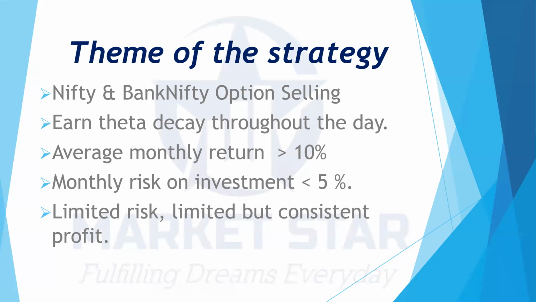Like Nifty Premiometer and Bank Nifty Premiometer, the main purpose of this strategy is to earn theta decay. We all know the weekly series starts on Friday and ends on Thursday. From Friday to Thursday, every day, every hour, even overnight, the premium keeps decaying. That decrement in the premium is called theta decay.